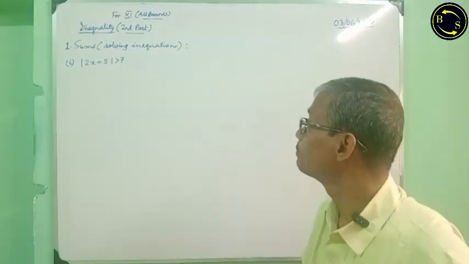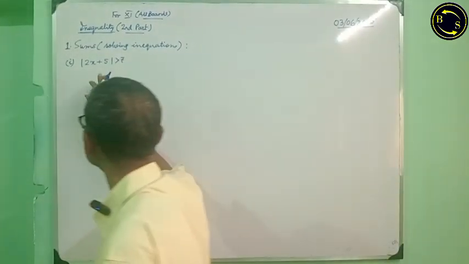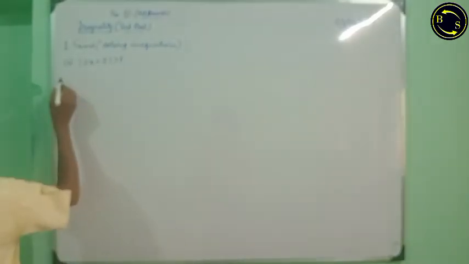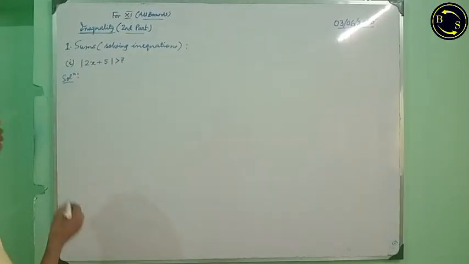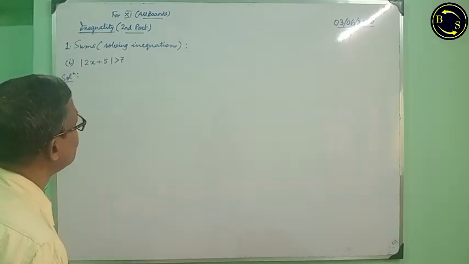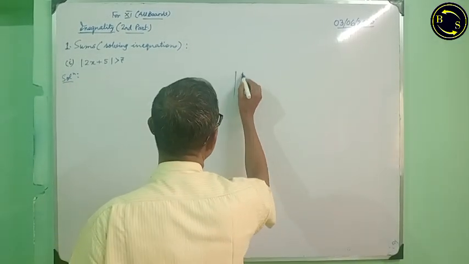Modulus of 2x plus 5 greater than 7. Modulus symbol is there. Therefore, in the first part, we have to remove that modulus symbol. Already I have discussed. Let us recapitulate.